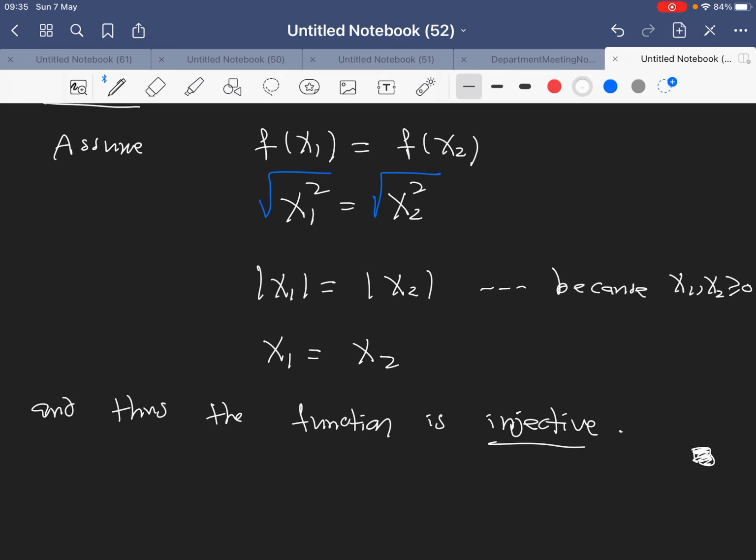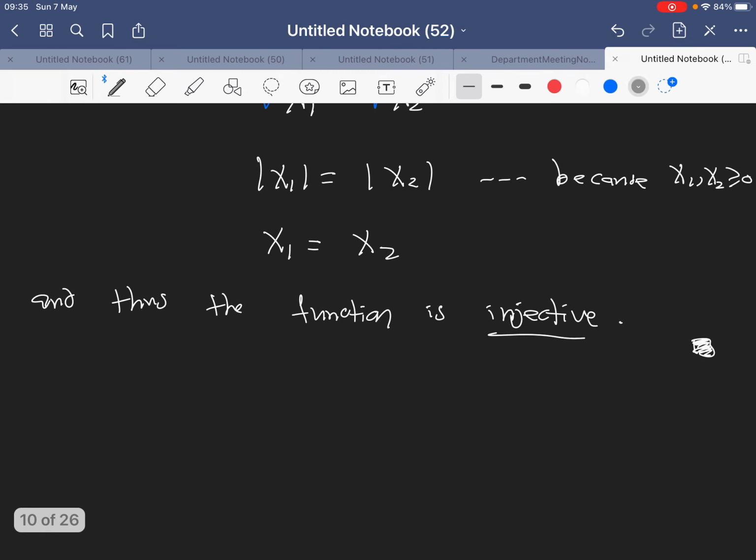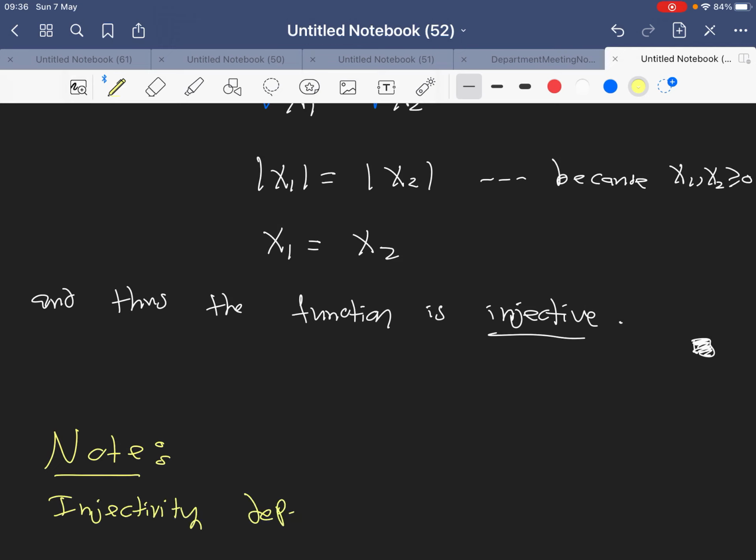That is the proof, and that will lead me to write a note, so we don't forget. Injectivity depends on the function as well as the domain.